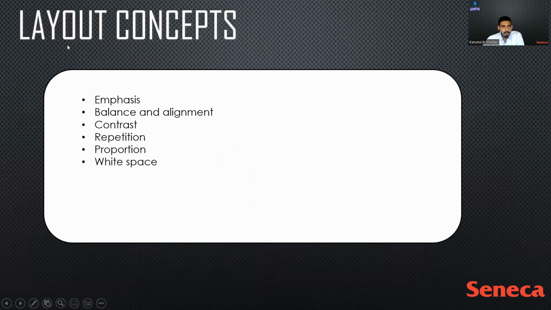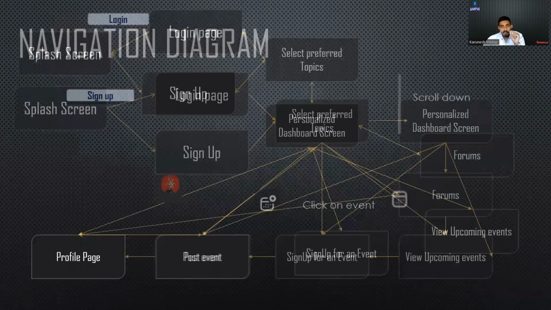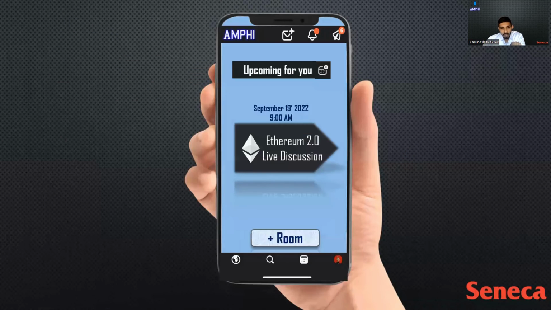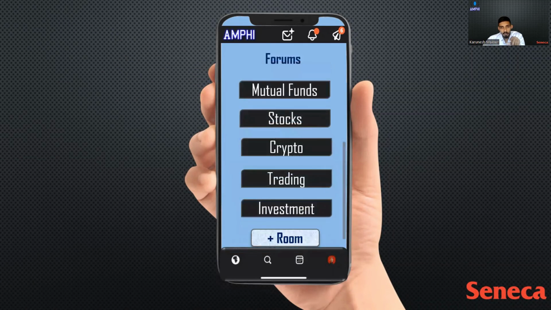Moving on to the next, which is layout concepts. I have taken care of the 7 layout concepts, which is emphasis. I've made sure that the buttons are prominent. If you see right here, the room thing: if you want to create a room, it's very prominent on every page.